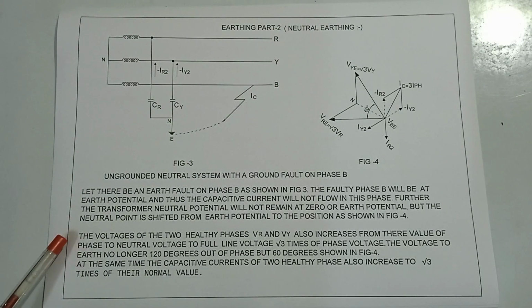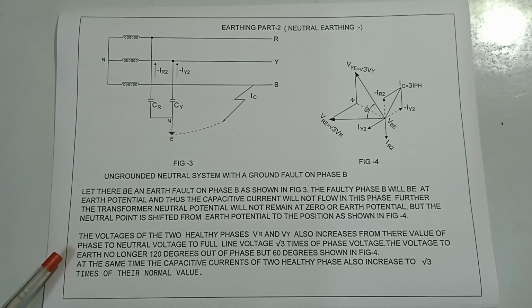The voltages of the two healthy phases, VR and VY, also increase from their phase to neutral value to the full line voltage, root 3 times the phase voltage.